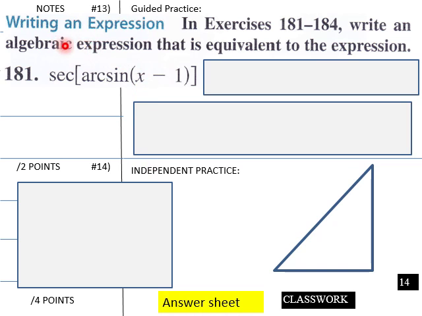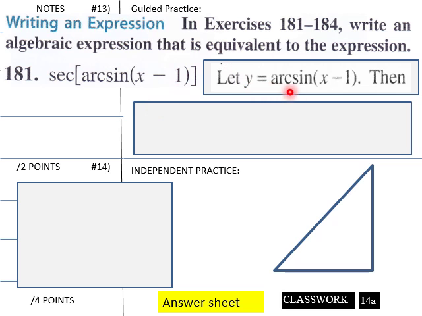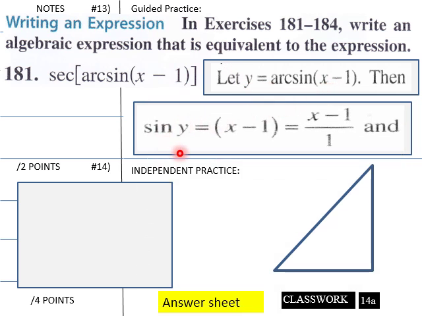Let's try one now. Write an algebraic expression that is equivalent to the expression. So the secant of arcsine of x minus 1. So let y equal arcsine of x minus 1. Then sine y would be x minus 1, equals x minus 1 over 1.